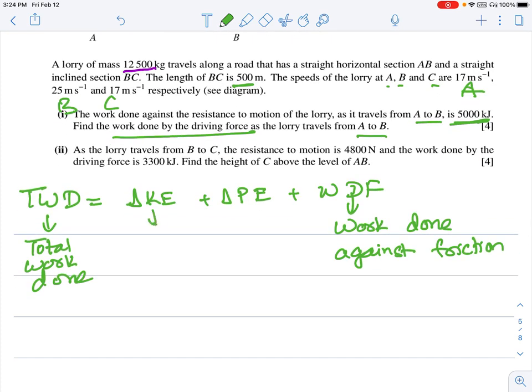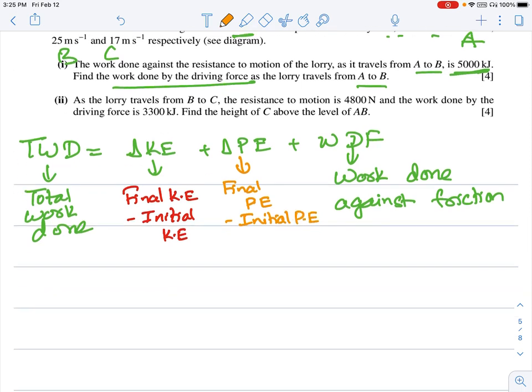What is delta KE? Delta KE means change in kinetic energy, final kinetic energy minus initial kinetic energy. Delta PE is final potential energy minus initial potential energy. So total work done has to be calculated.